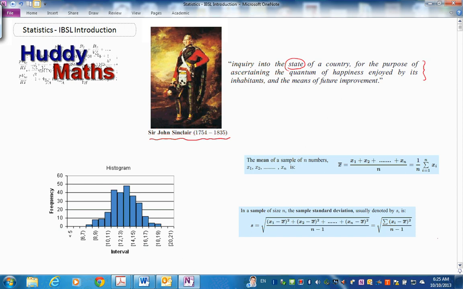Wow. Well, anyway, we can see that the state still remains as a key focus, if you like, on statistics, because we do try to ascertain various things about the population or the inhabitants, and I guess for the means of future improvement.